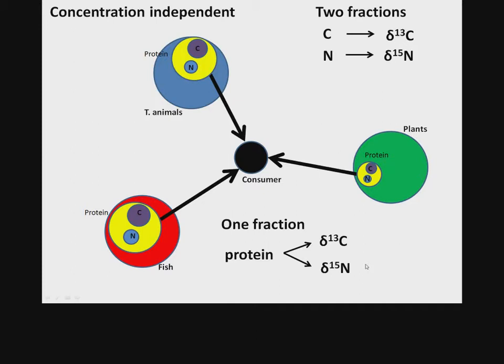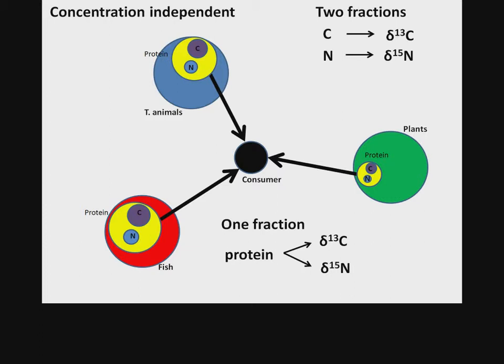Well, one immediate thing I could say is that, as you probably noticed, it's a bit simpler to implement the one fraction option. But truly the advantages behind defining this protein fraction come with concentration-dependent models.